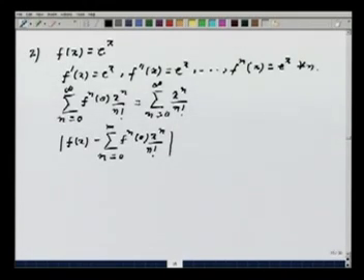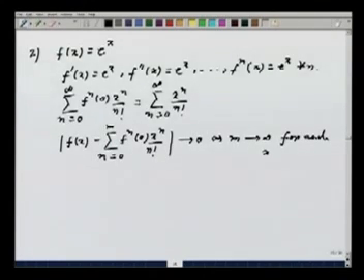What I want to show is that this goes to 0 as m goes to infinity for each x. That will prove that the function f(x) is equal to the power series.